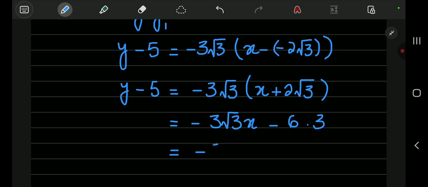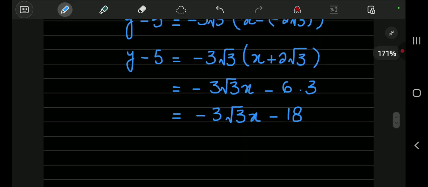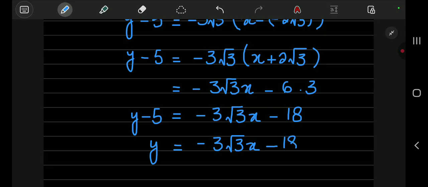So minus 3 root 3 x minus 18. Okay, so we need the equation in y equals mx plus c form, so we will be shifting this 5 on the other side. So it will become minus 3 root 3 x minus 18 plus 5, that becomes minus 13. So y equals minus 3 root 3 x minus 13.